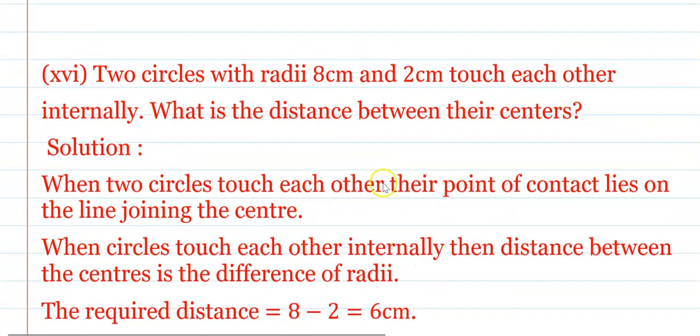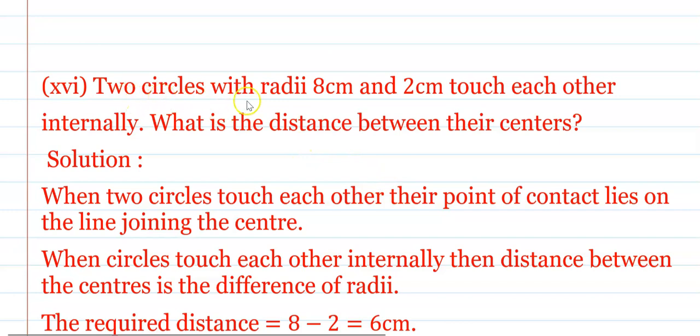Next. Two circles with radii 8 centimeter and 2 centimeter touch each other internally. What is the distance between their centers? When two circles touch internally, the distance between their centers is the difference of their radii.